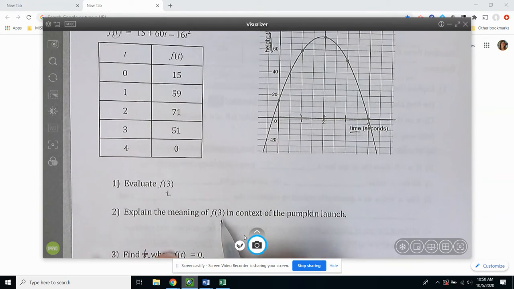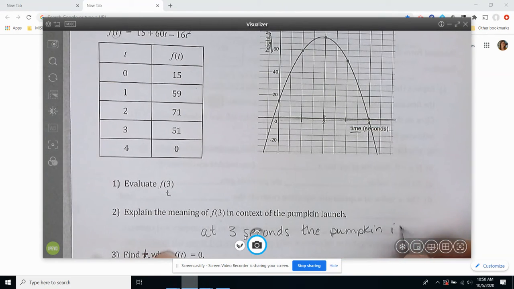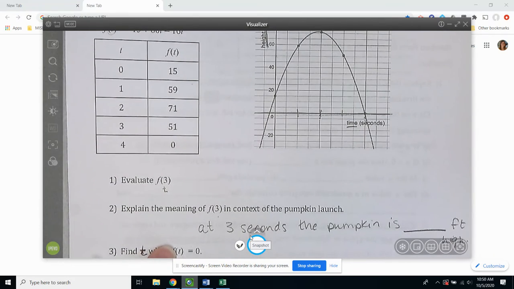So now I'm going to have you fill in the blank. At 3 seconds, the pumpkin is, I think it's measured in feet, blank feet high. So go ahead and fill in that blank.